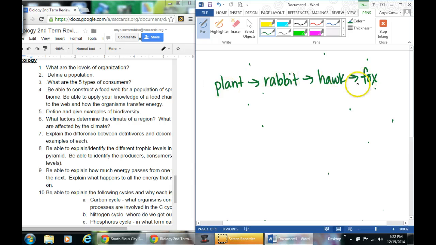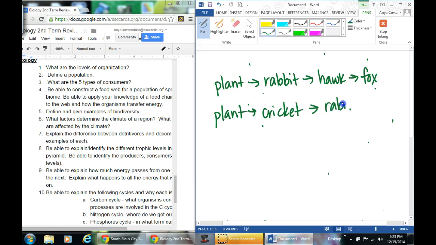We might have many different food chains in an ecosystem, but that doesn't really give us a realistic picture of what's going on in that ecosystem. So what we really need is multiple food chains showing us all of the different avenues in which something can transfer its energy.